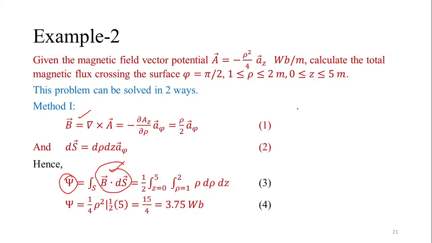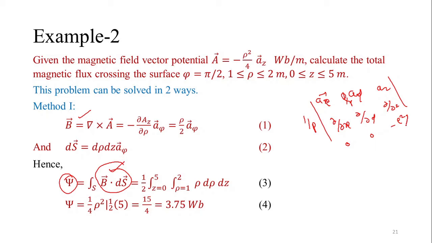So del cross A, with the components ρ, φ, z, and the 1/ρ factors, the partial derivatives ∂/∂ρ, ∂/∂φ, ∂/∂z, and 0, 0, −ρ²/4.